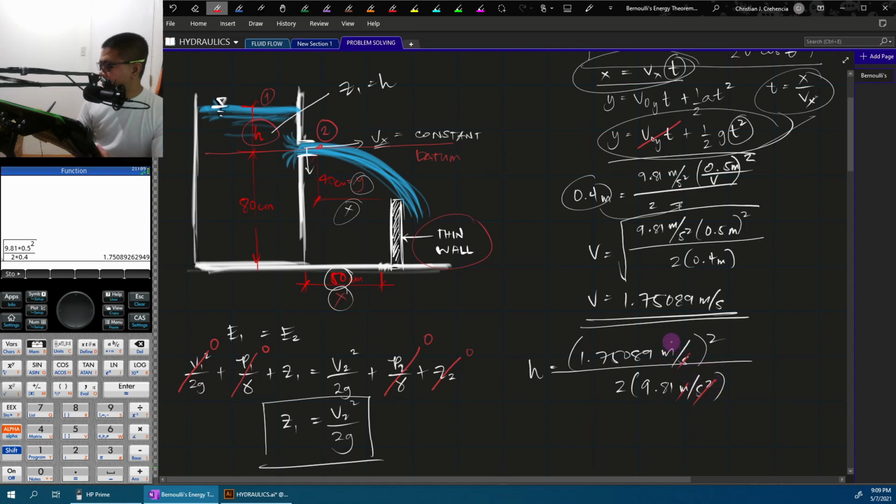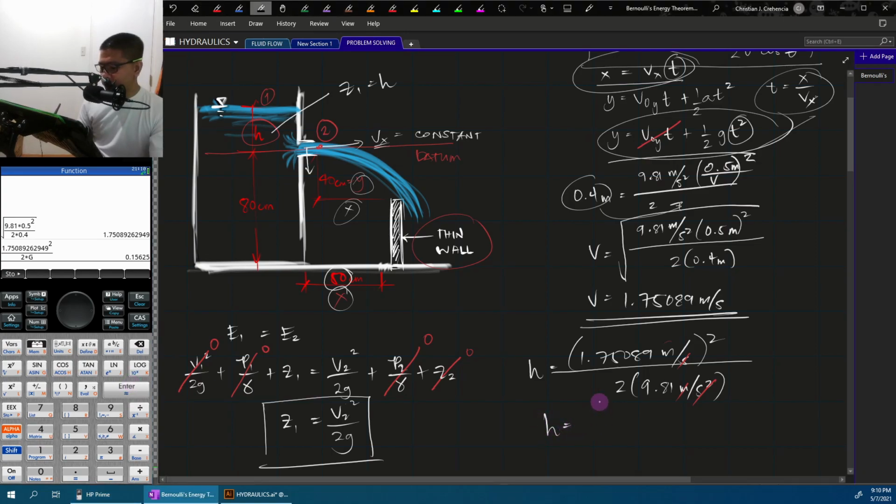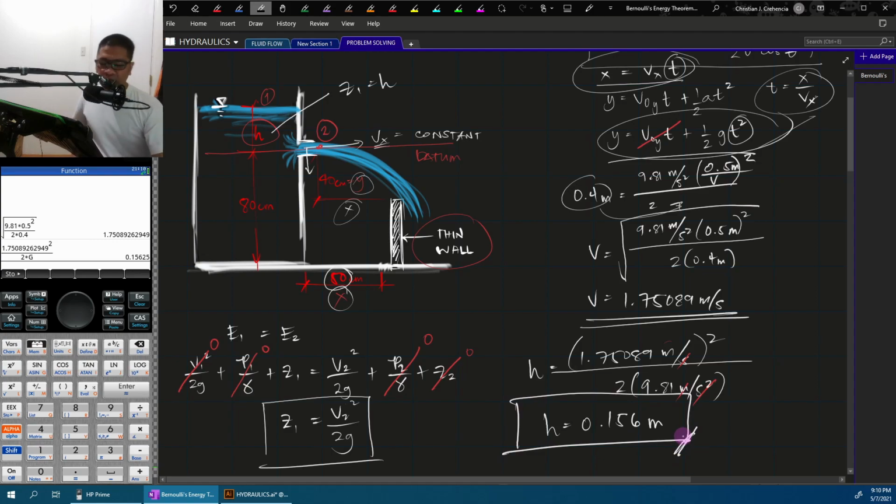We are left with one meter unit. So height H is, of course, in meters. So this value, squared, then divided by 2g. And so H is 0.156 meter. Okay? So that is the value of H in meters.